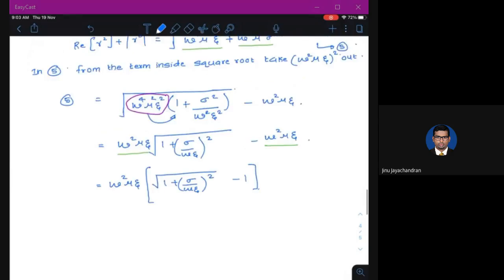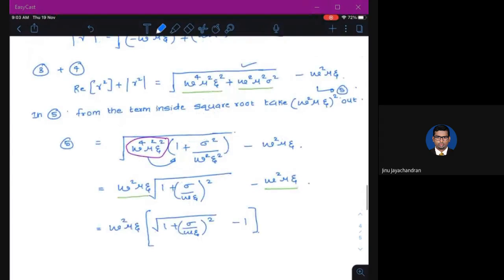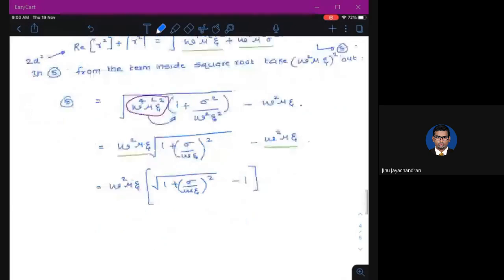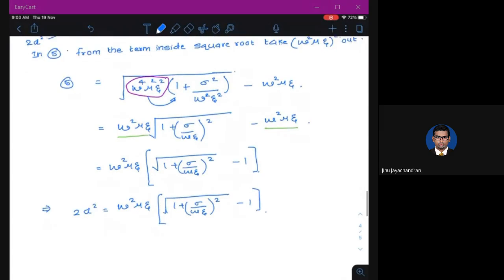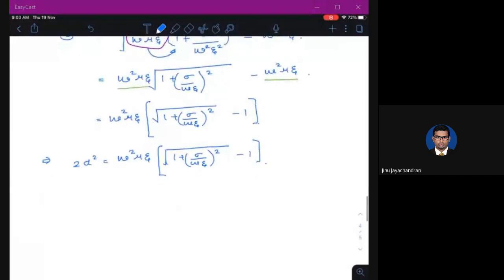Now equation number 5 is actually 2 alpha square. So I can write 2 alpha square is equal to omega square mu epsilon into square root of 1 plus sigma by omega epsilon the whole square minus 1. Let's bring 2 to the other side.